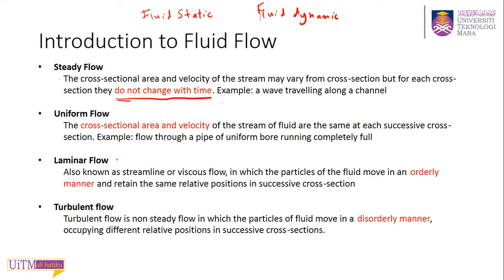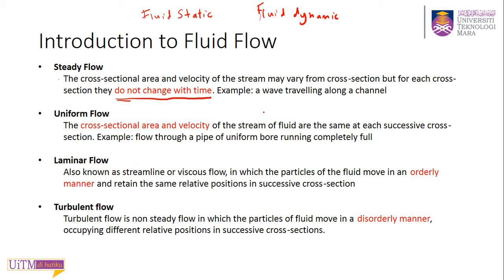That's one. The second one is what we call uniform flow. So what is uniform flow? The definition is that the cross-sectional area and velocity of the stream of fluid are the same at each successive cross-section.